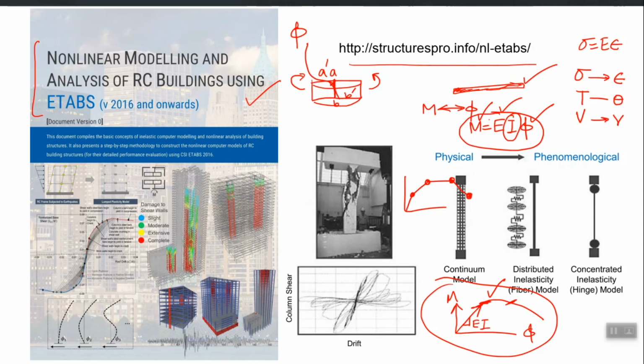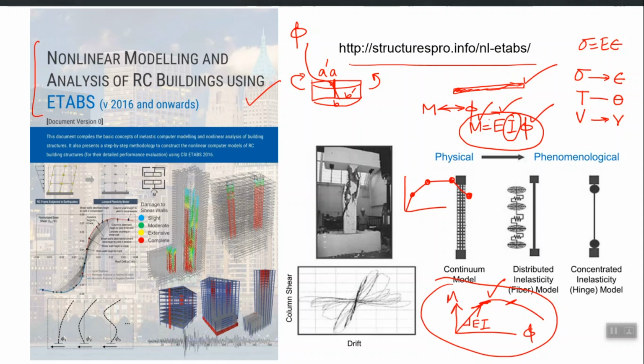So instead of giving the material capacity, we directly give the member capacity. We tell the program directly that this beam will yield at this moment, instead of telling it that the concrete in that beam will fracture or crack at this stress. So instead of giving the nonlinear stress strain curve as an input, we directly give the member capacity as an input.